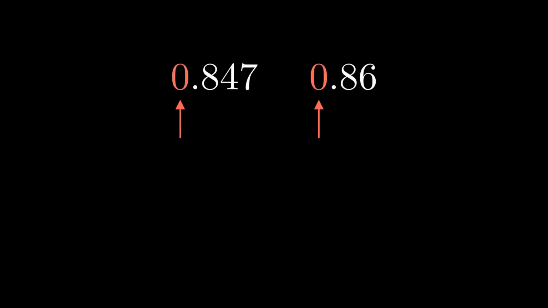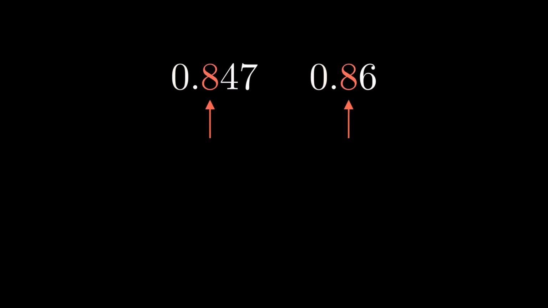But for now, let's see a couple of examples of comparing decimals. So we'll go with 0.847 and 0.86 and ask which one is bigger. And the way you compare these is you'd look from the left and you would compare the digits at the same place. And so here we're looking at the ones place and they're both 0. So we go across to the tenths place and they're both 8. So those are both worth 8 out of 10.